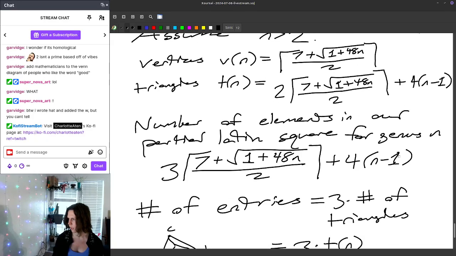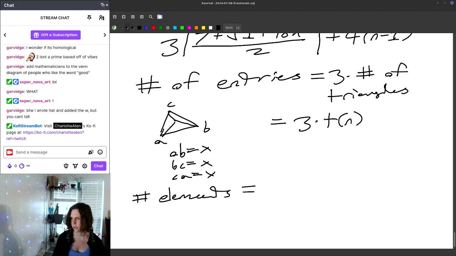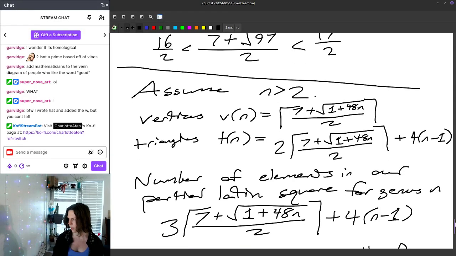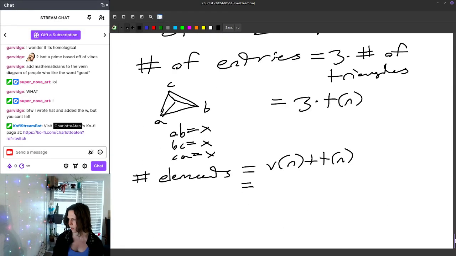So v of n is actually the same thing as if I took t of n, subtracted 4 times n minus 1, and divided by 2.